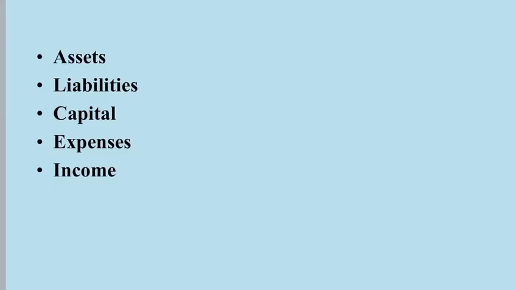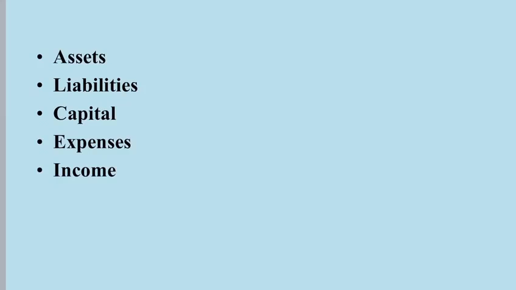Basically, there are 5 basic terms. All the financial transactions or book recording are actually sub-classifications of these 5 important items in an organization. These are assets, liabilities, capital, expenses and income.